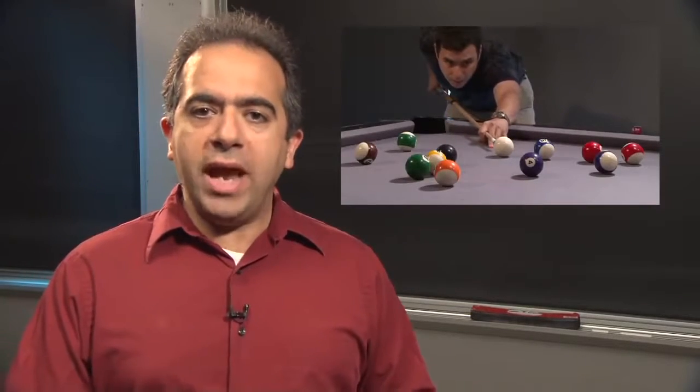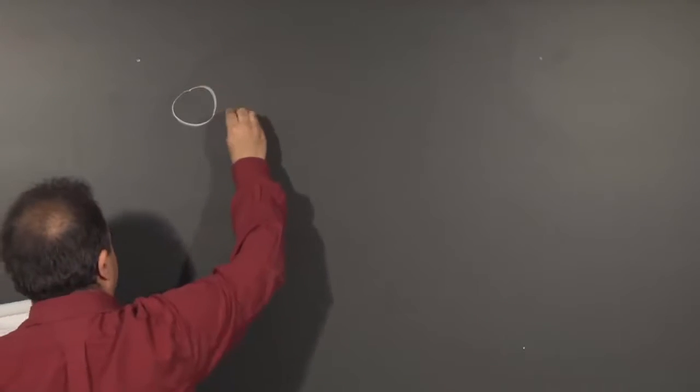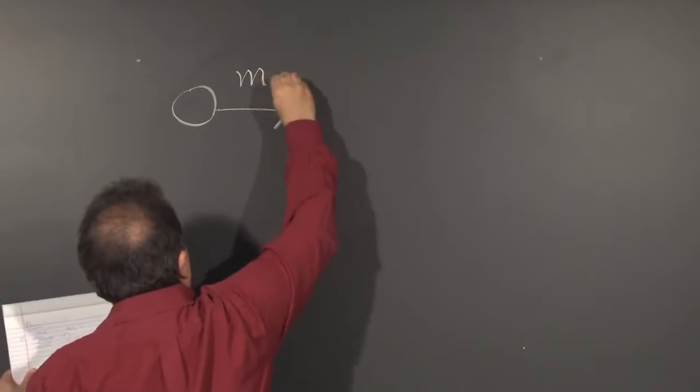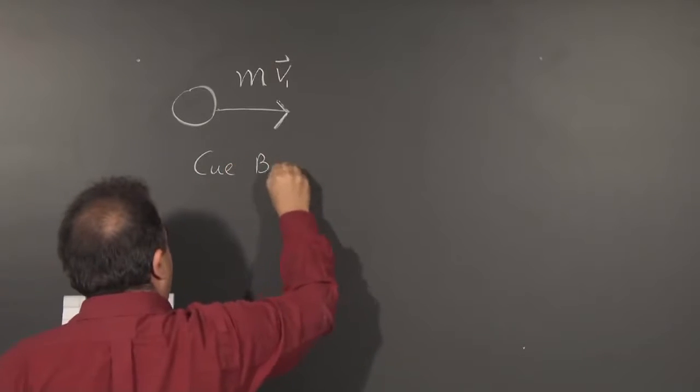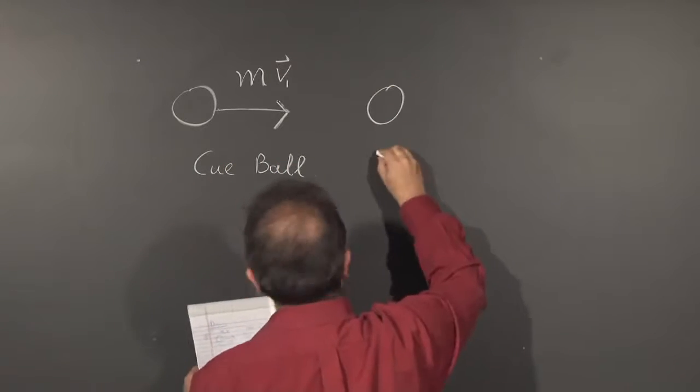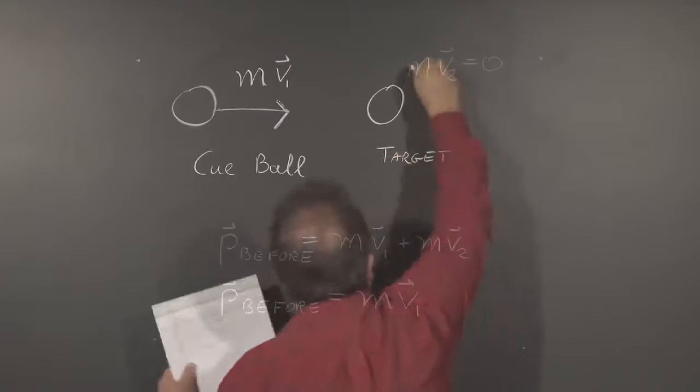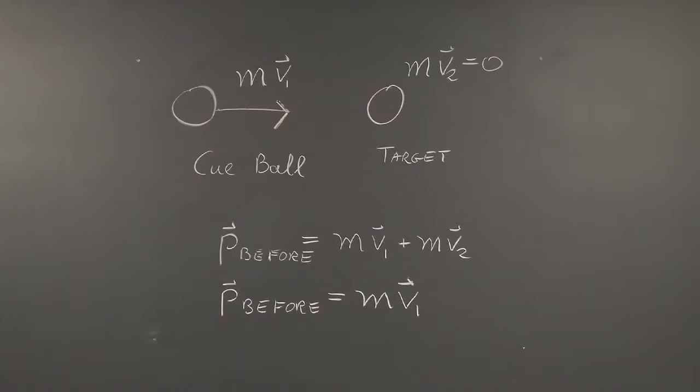In our straight shot, we had this one billiard ball, which had some initial momentum, about to strike another billiard ball, which wasn't moving. If you look at the total momentum of the system, you would have to add up the momentum of the moving ball, the cue ball, and the momentum of our target billiard, and that momentum would add up to some number.